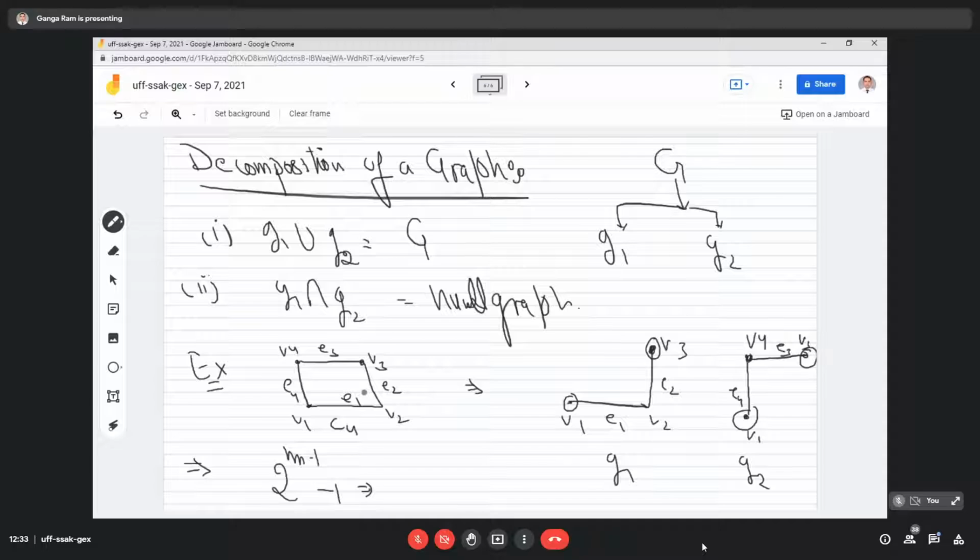For example, in this graph there are 3 edges, so 2 to the power 3 minus 1, 7 ways. Now try to decompose this graph into two pairs of graphs, and there are 7 ways to decompose this graph into the pair of subgraphs G1 and G2. Got it? Yes.